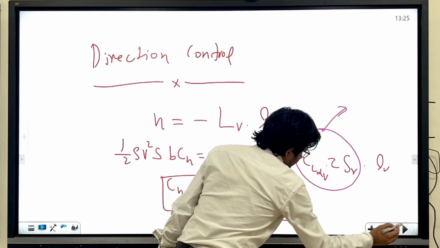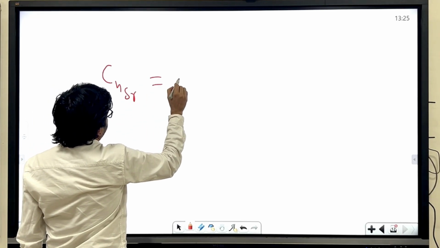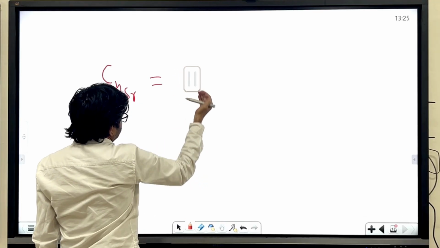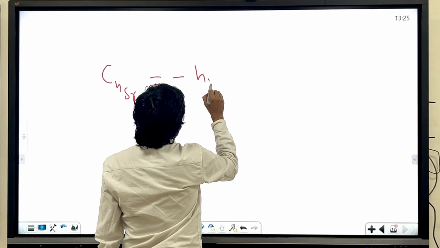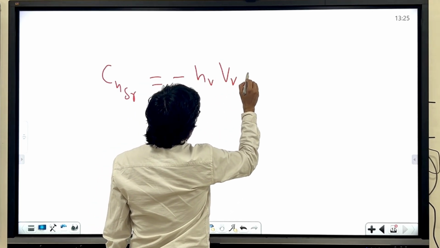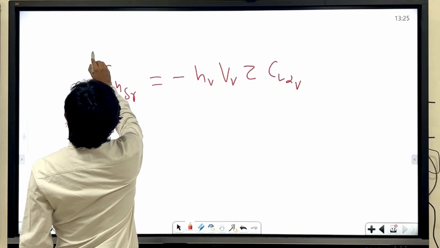Now if you differentiate with respect to delta R, you will get Cn delta R, which is minus eta V V_V tau C_L alpha of the vertical tail.